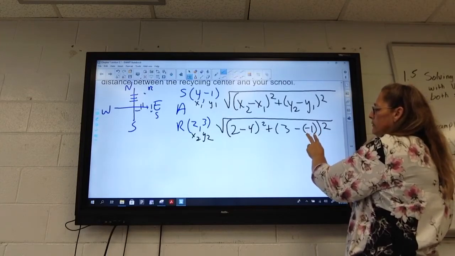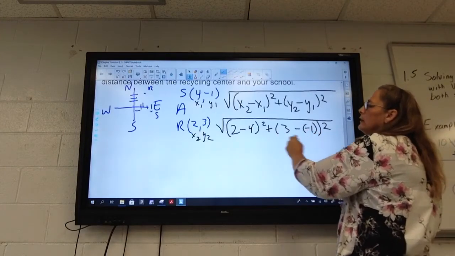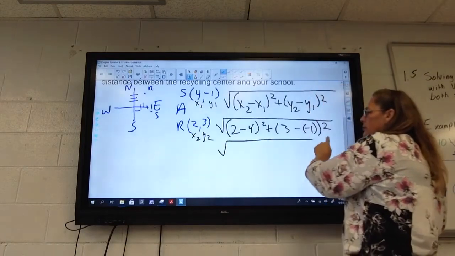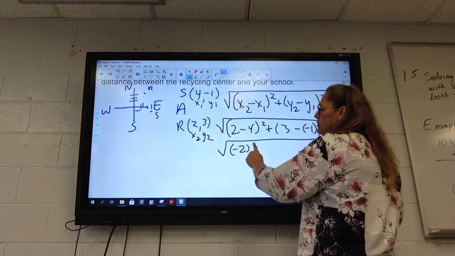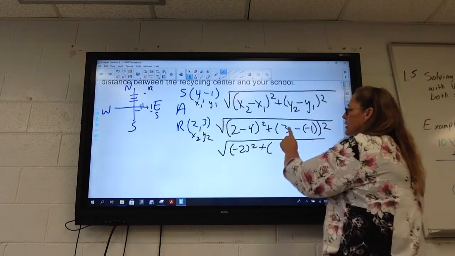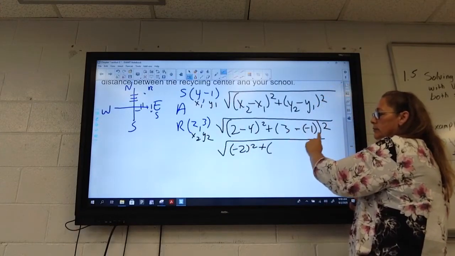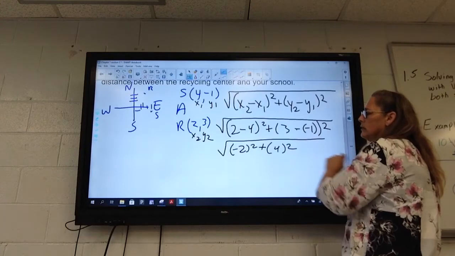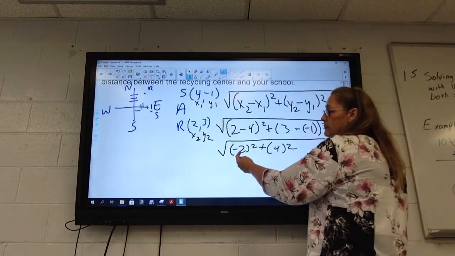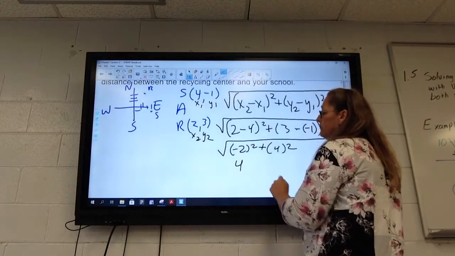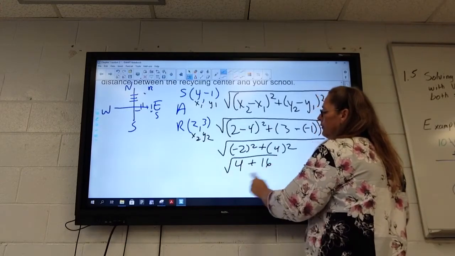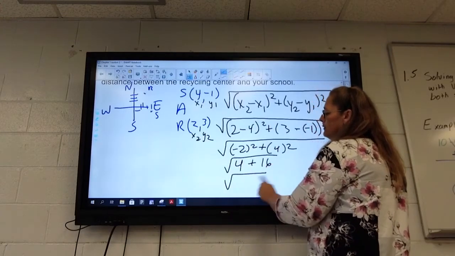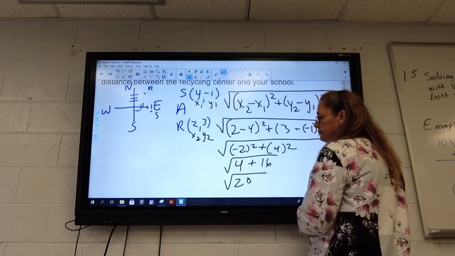One around the negative sign and then one for that. You should be able to work with signed numbers. So 2 minus 4 is negative 2 squared. Plus 3 minus a negative 1 is 3 plus 1, so that's 4. Negative 2 times negative 2 is a positive 4. 4 squared is 16. 4 plus 16 is 20.